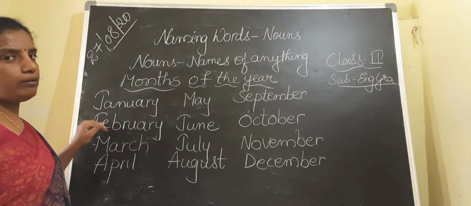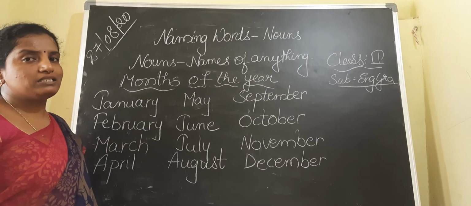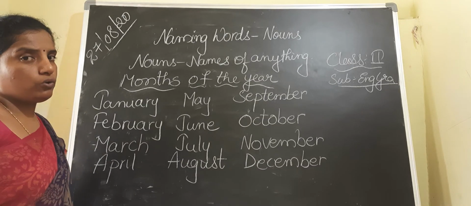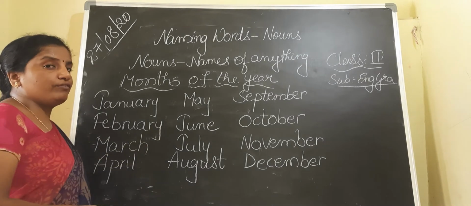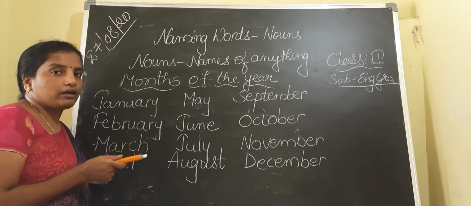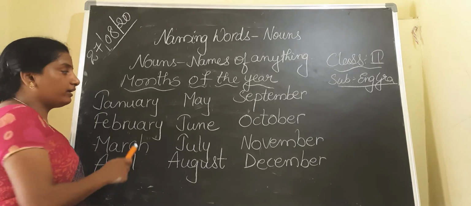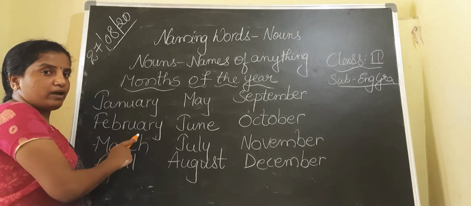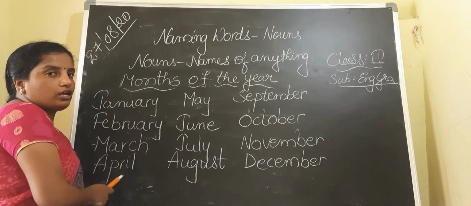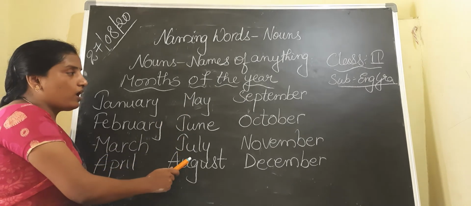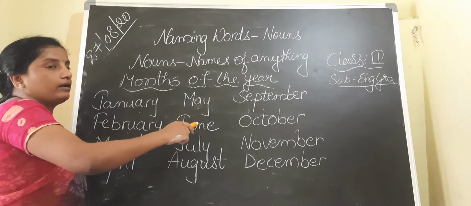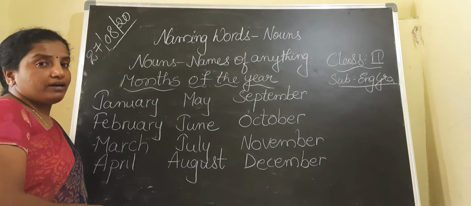So these are the months of the year, children. Months of the year are also known as nouns, or we can say these are naming words. What are they? Once have a look at the months of the year. January, February, March, April, May, June, July, August, September, October, November, December.